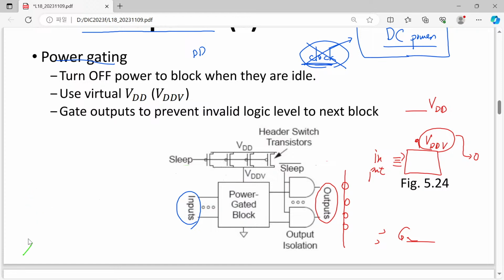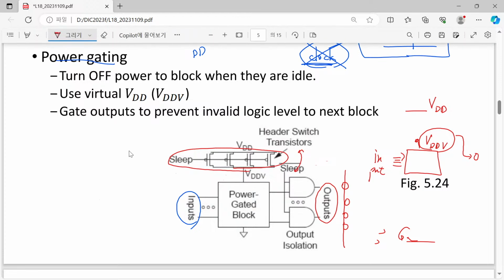And of course, another consideration is we should be careful about sizing these transistors. If these transistors are so large, then there will be almost no voltage drop between this VDD and VDD-V. However, if this is not large enough, then there can be certain problems.